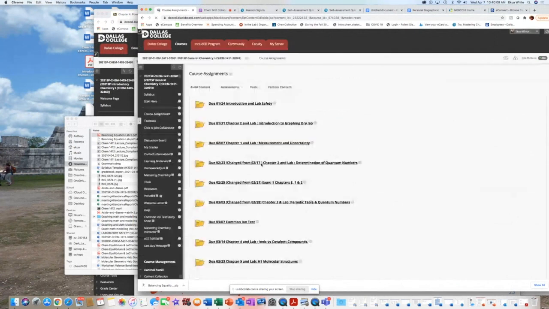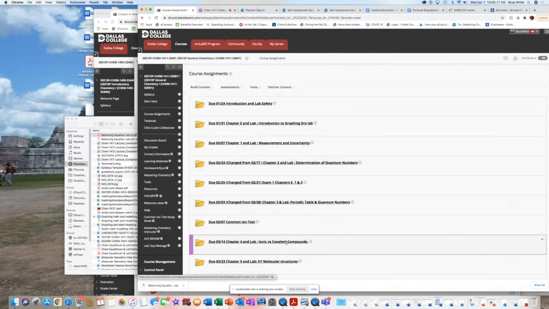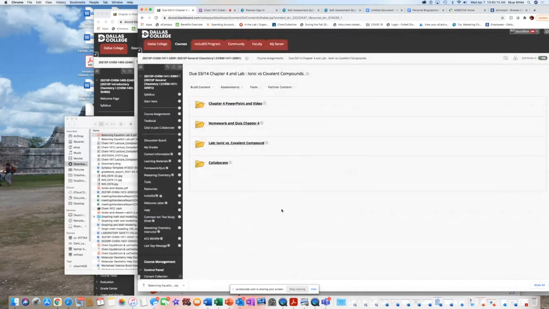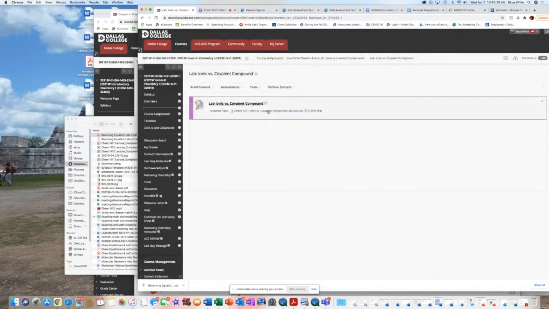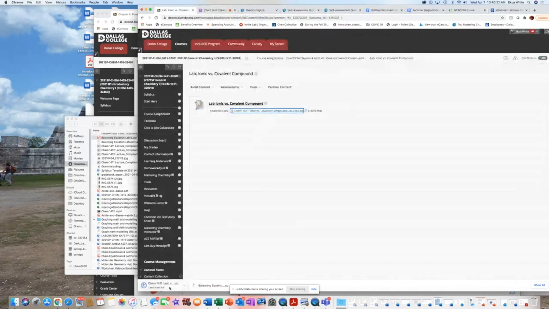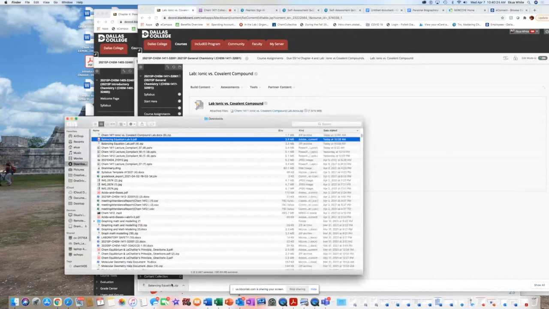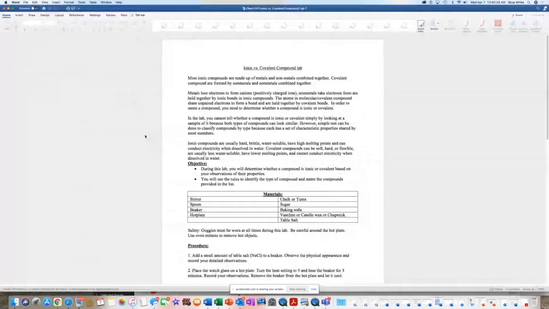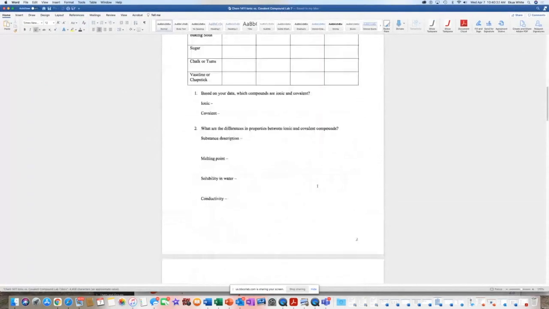For the naming compounds lab, the one with ionic versus covalent compounds, I strongly suggest that you type out a list of polyatomic ions, because that lab does have that list. Oh, there it is.